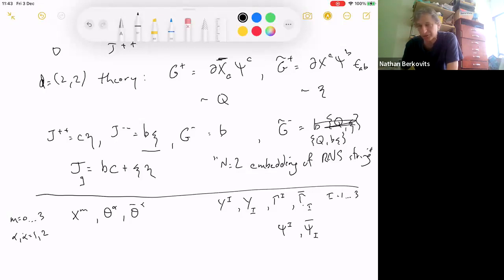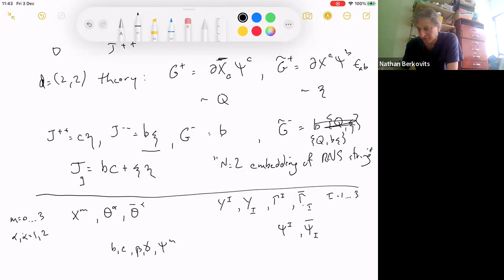In RNS, of course, you'd also have 6 fermions, but the other degrees of freedom would be very different. You'd have the X's, but you'd also have bc ghosts and beta gammas, and also, of course, the 4 psis. So this would be in RNS. But we can count degrees of freedom.